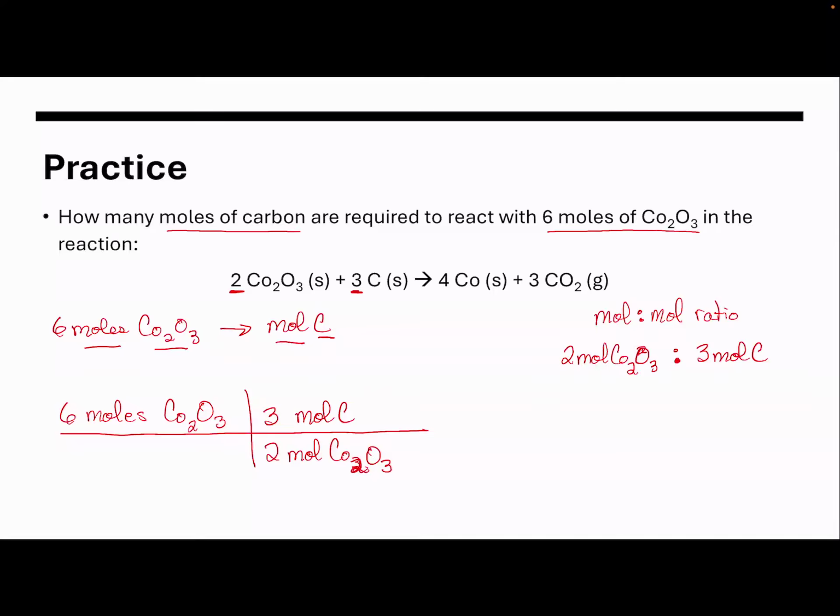The moles of cobalt-3 oxide went in the denominator so that the unit and the substance would cancel, leaving moles of carbon. When you do this math, you get 9 moles of carbon, which is what the question asked us to solve for. Questions? Again, I knew I needed the mole-to-mole ratio because the two substances were different.